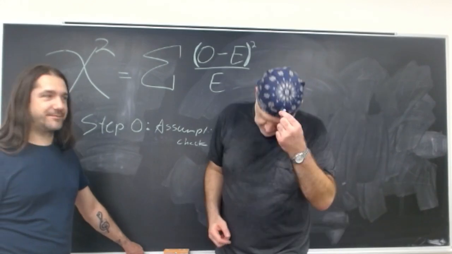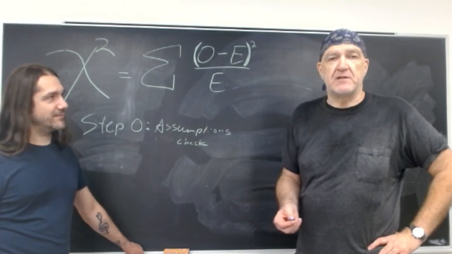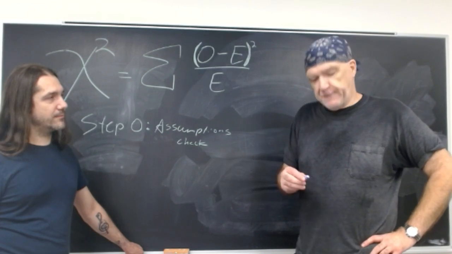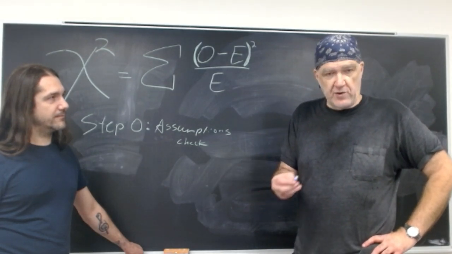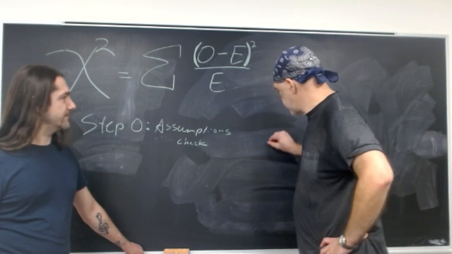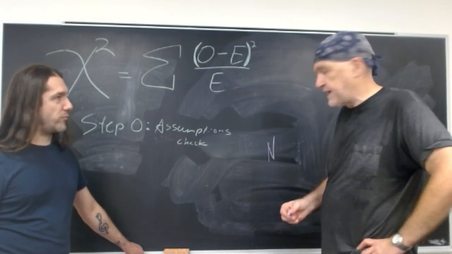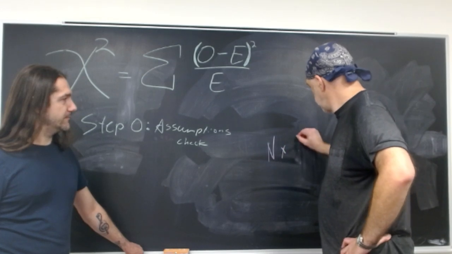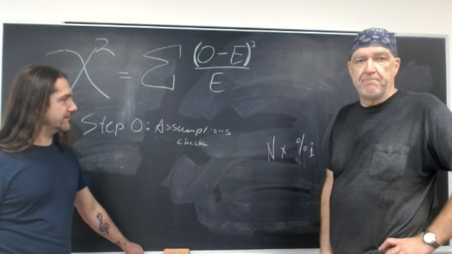It goes with my bandana. 25% per season. But what happens if, like in Hardy-Weinberg, you don't have that? Well, then it's going to be big N, the total count of observed values, times some percentage sub i.